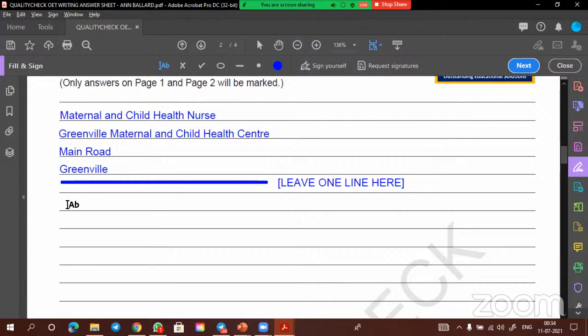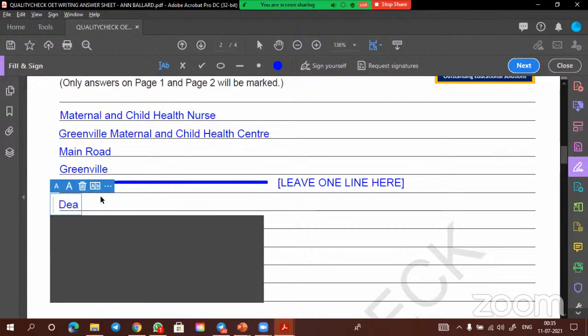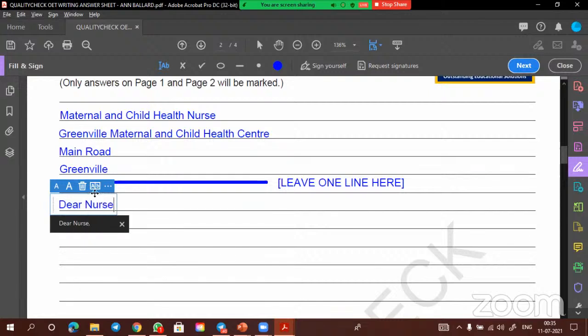And now here you are going to write the next line. What you have to write? This one. This one you are going to write here, along with dear. Dear nurse. That's all. You place a comma or you don't put a comma, no problem. See that it will be exactly starting point. Dear nurse.